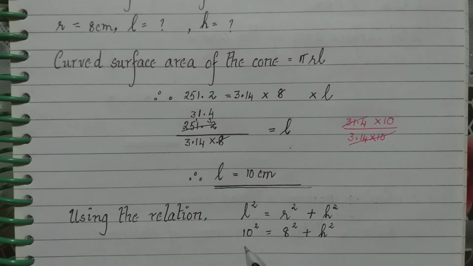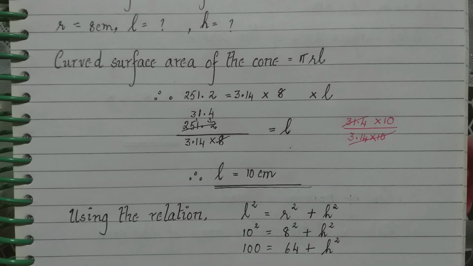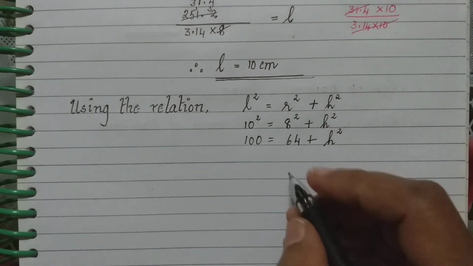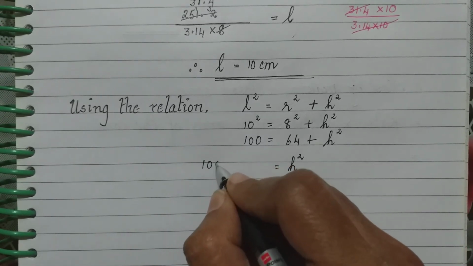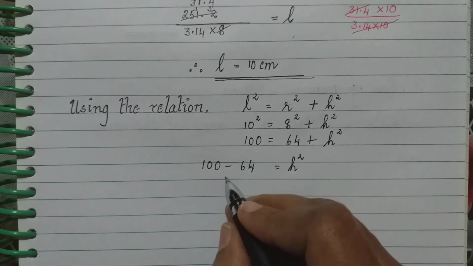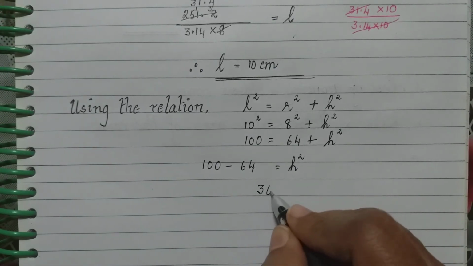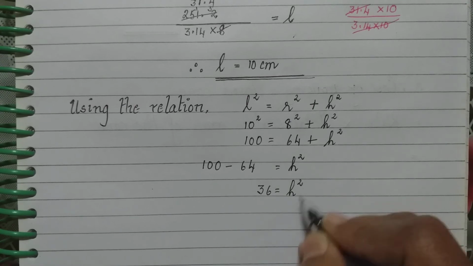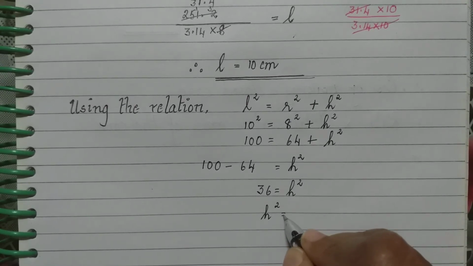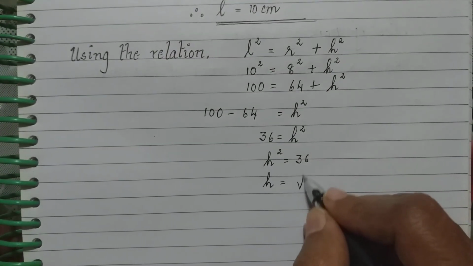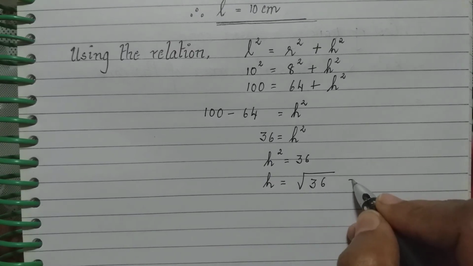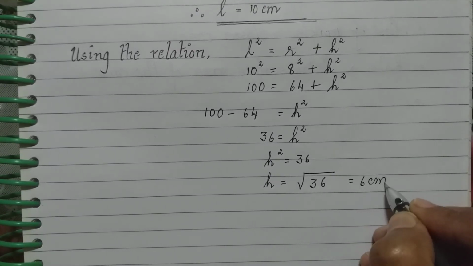Now 10 square is 100. 8 square is 64 plus H square. So when I have to find out H square, I will leave H square here is equal to 100 minus 64. And 100 minus 64 is 36. 36 is equal to H square, or H square equal to 36. Therefore, H is equal to square root of 36, which is equal to 6 centimeter.